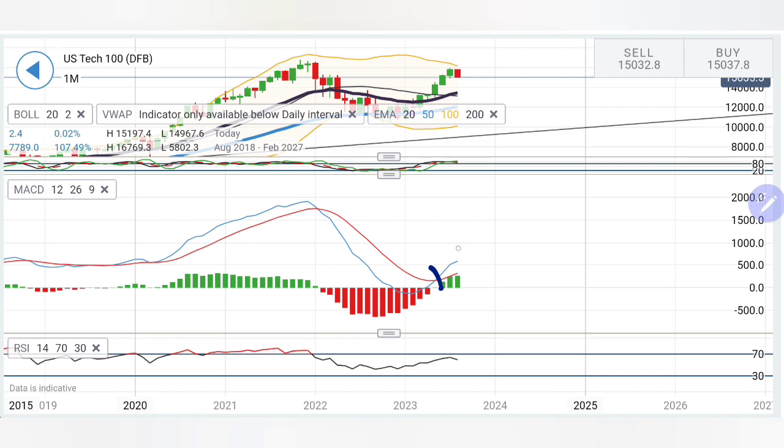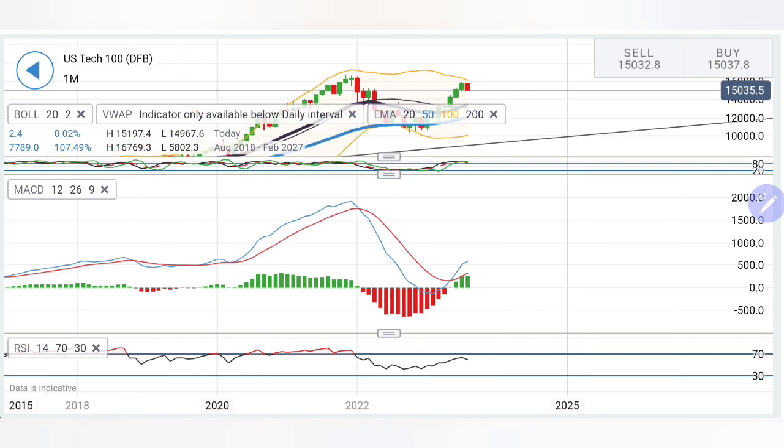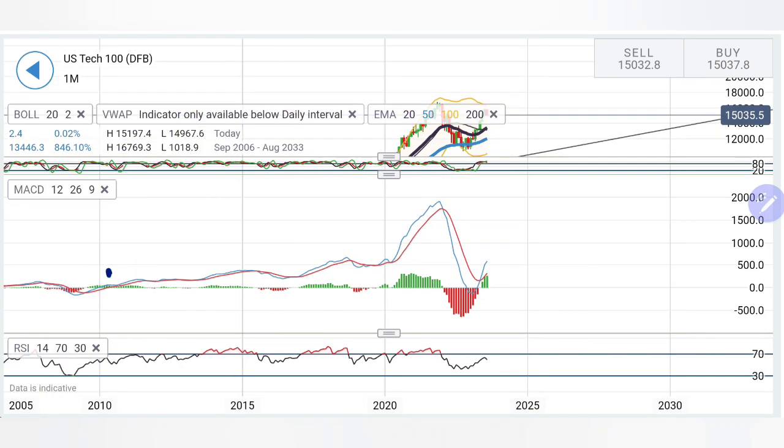But look at MACD. This is one point which is specifically intriguing for me, because the candles should be such that even if the retracement is there, this should not cross over, because this bullish crossover is happening in Tech 100 after almost 10 to 15 years at these levels. You can say 2010, and now it is happening in 2023. So this is coming after a sharp drop here.